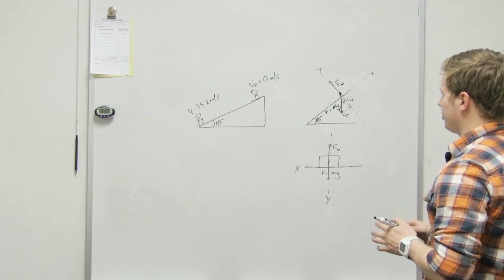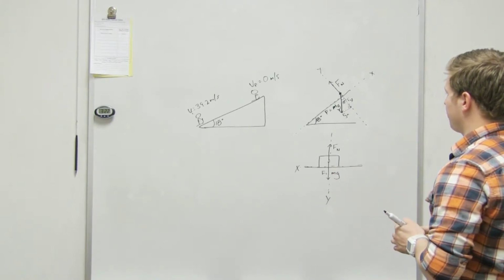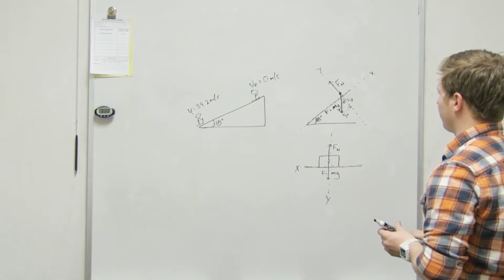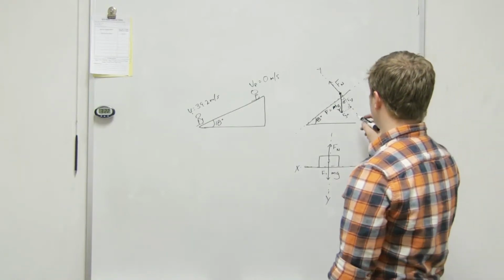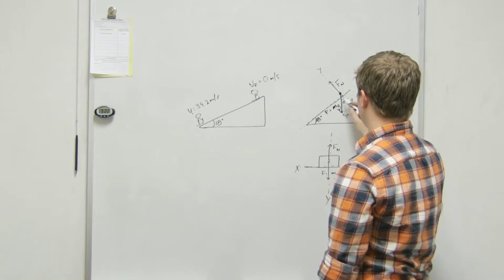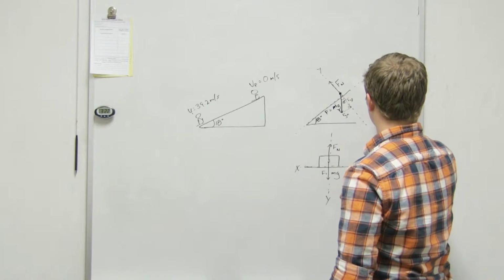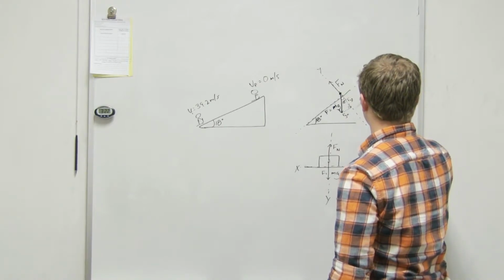So what we want to do is figure out, basically, so we know that the gravity is going to be pulling down at 9.8 meters per second squared, right?